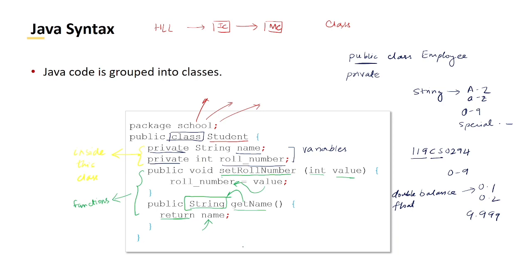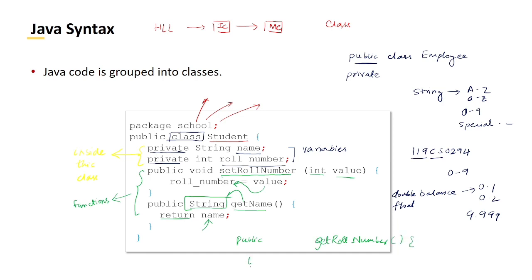Let's say we have to get the roll number, right? So let's say we write a function, public, and I have not written the data type yet, get roll number.